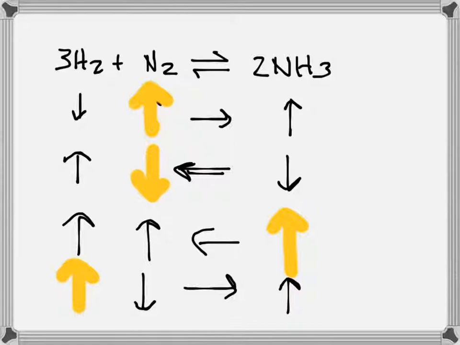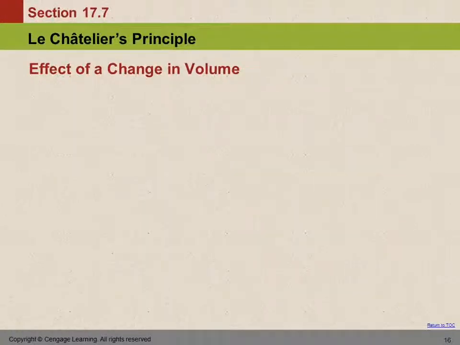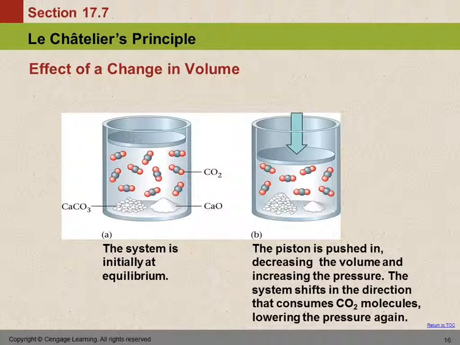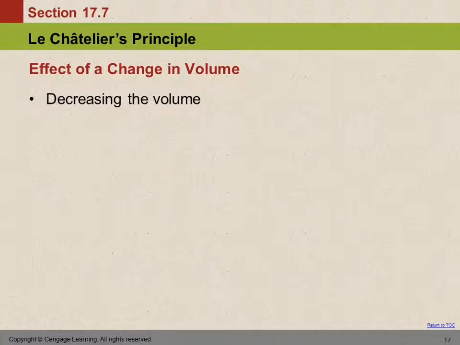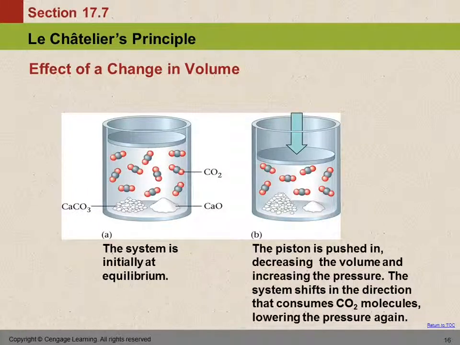Okay, so let's keep going. Let's talk about what happens if we change the volume. So here we have a system with carbon dioxide and calcium carbonate and calcium oxide.